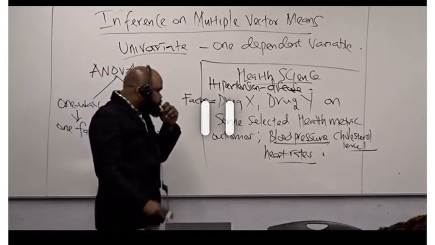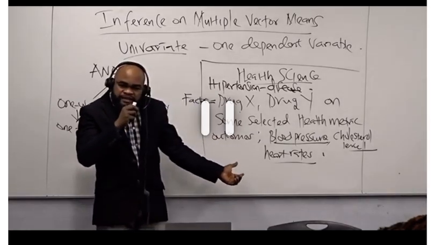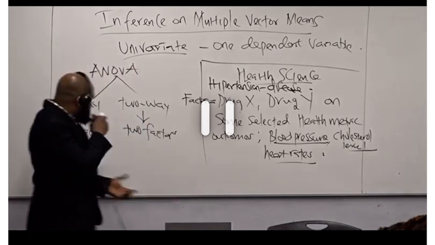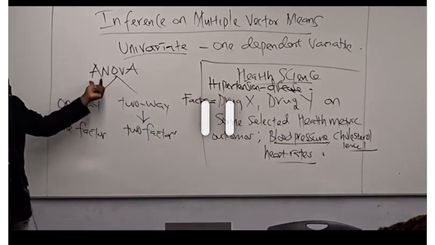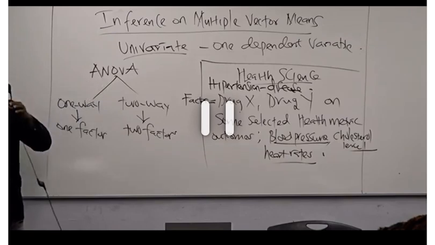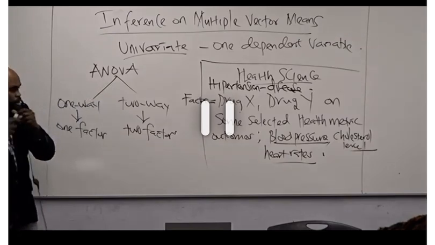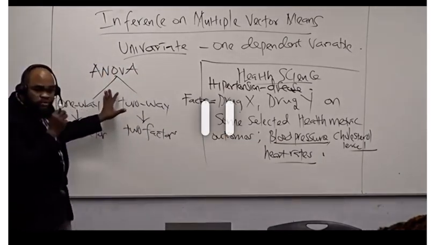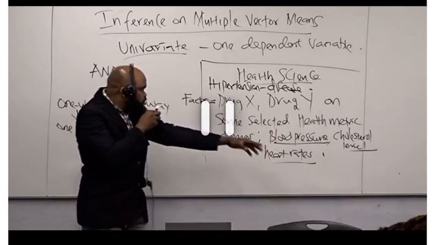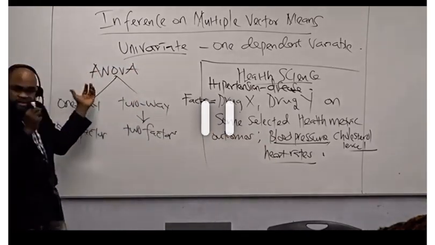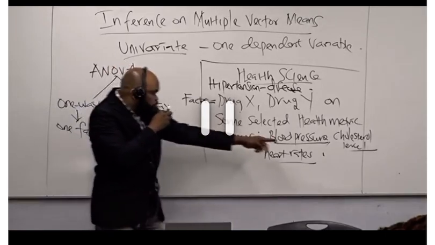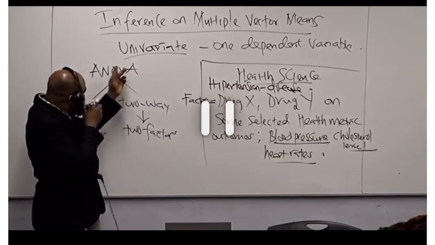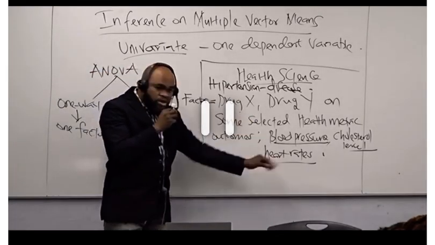Does that make sense? Now, why can I not just conduct univariate ANOVA one at a time? Why can I not look at the effect of the drug on blood pressure using one-way ANOVA, on cholesterol level separately, and on the heart rate?